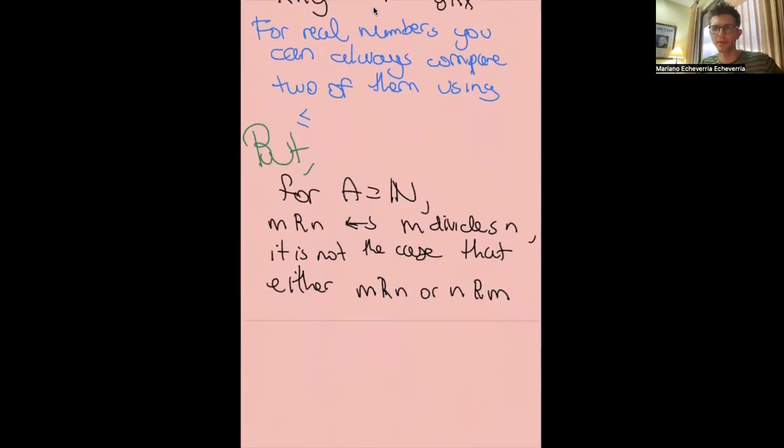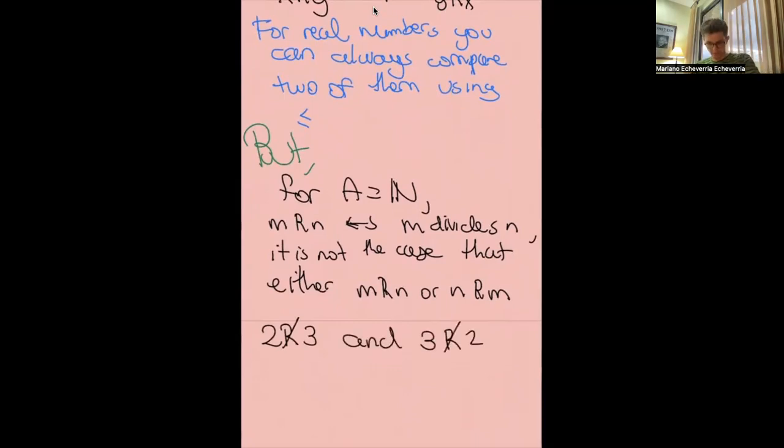Well, you could take 2 and 3, right? Because 2 is not related to 3, because 2 does not divide 3, and 3 is not related to 2.